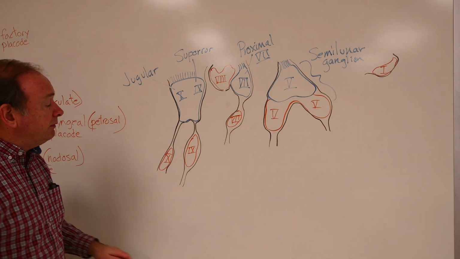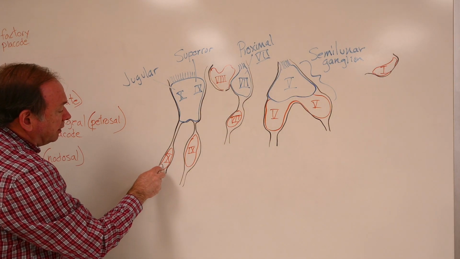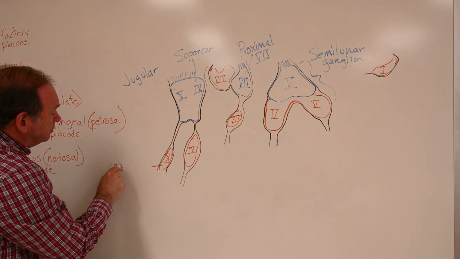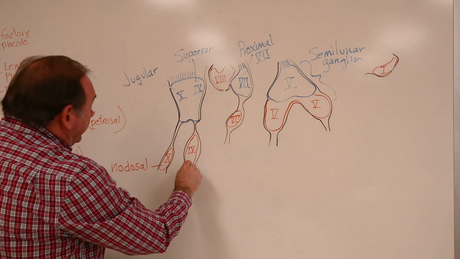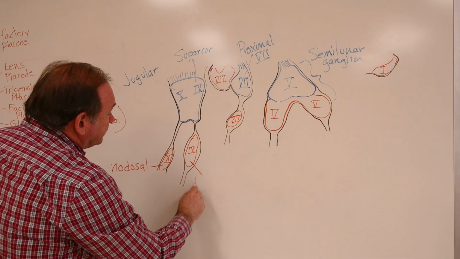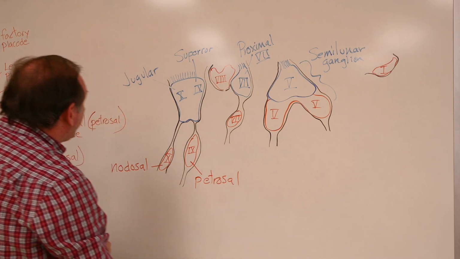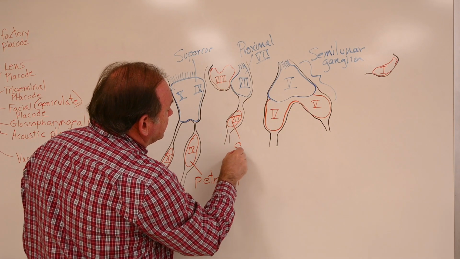Some other names given to some of these. We've already mentioned that vagus nerve number 10 is also known as the nodosal. This one is known as the petrosal. Number 7, this is known as the geniculate.